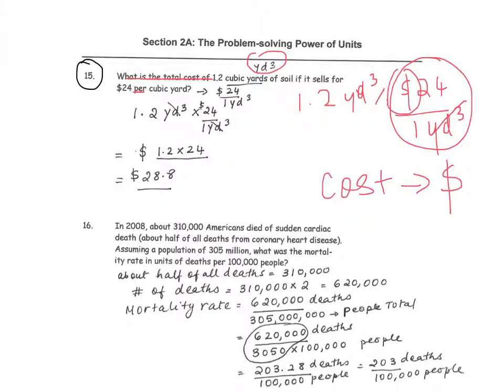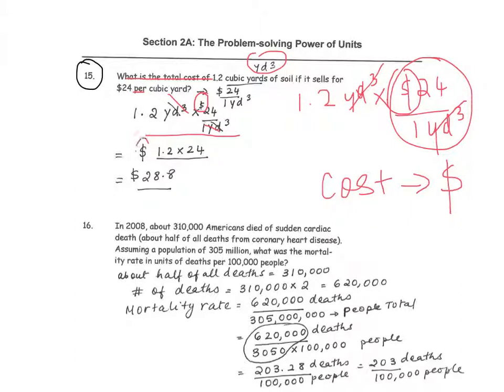So that could happen only if we multiplied these two together. That would cancel off the cubic yards, and if we combined the numbers, that would be the cost of 1.2 cubic yards. So 1.2 cubic yards times $24 over 1 cubic yard cancels off the cubic yards, and the dollar sign survives.